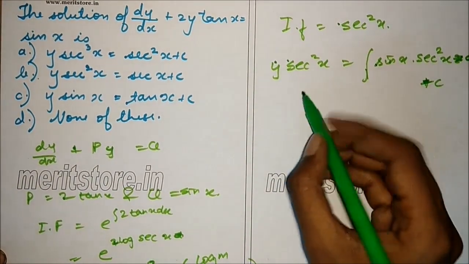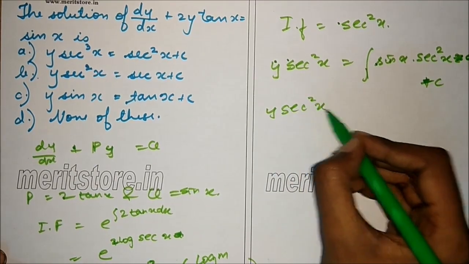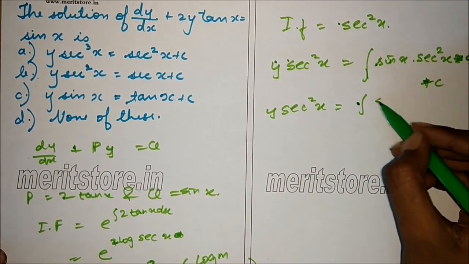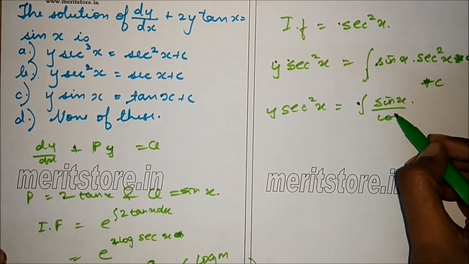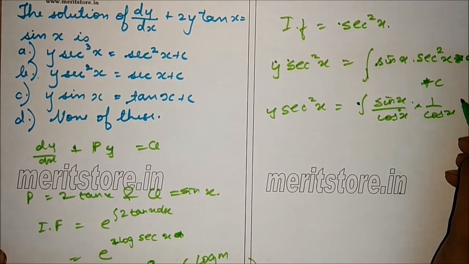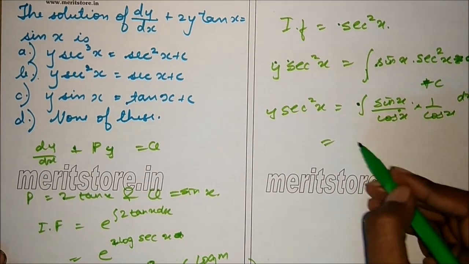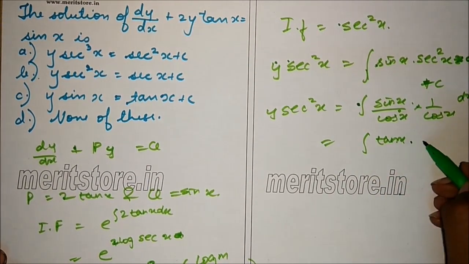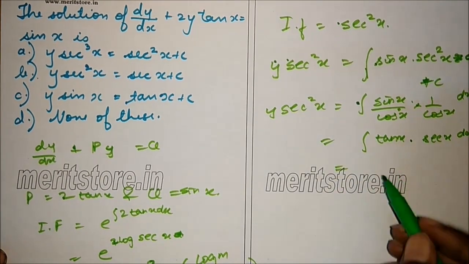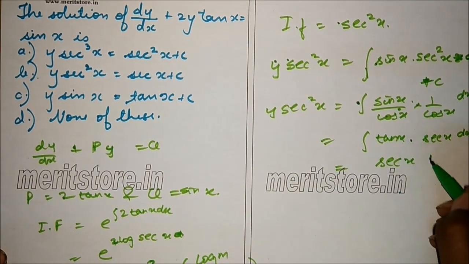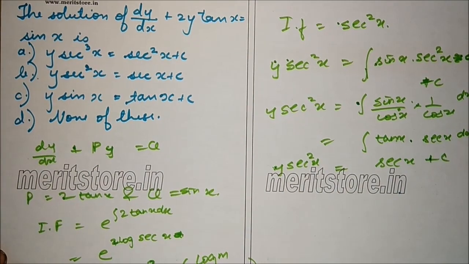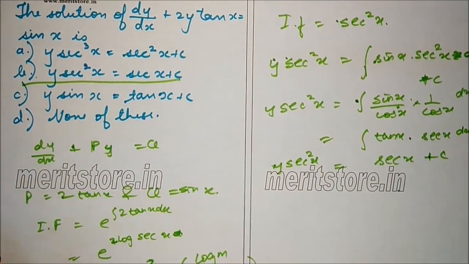Converting everything into sin and cos, we get sin x upon cos x into 1 by cos x, since sec x is 1 by cos x. So this is integration of tan x into sec x dx plus c. Integration of sec x tan x is sec x, plus c. So the answer is B, y into sec square x equals sec x plus c.